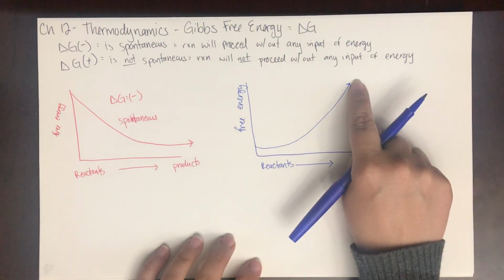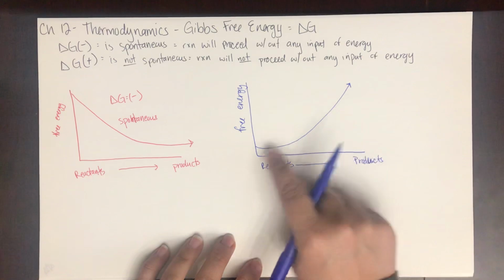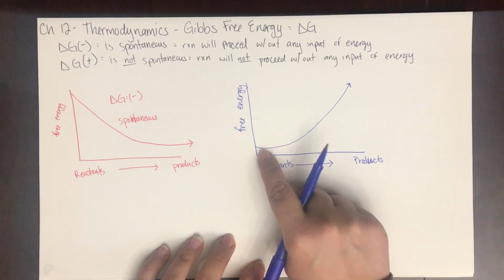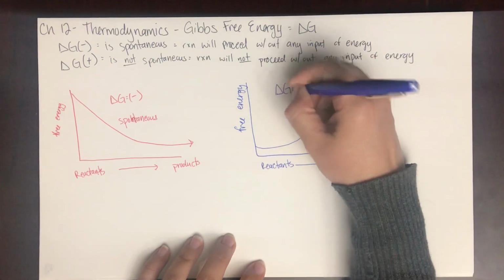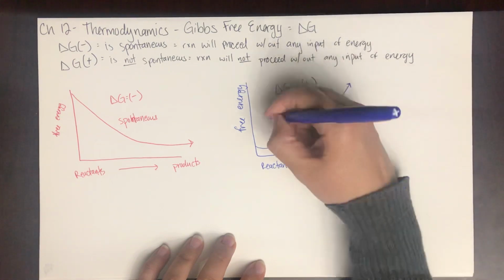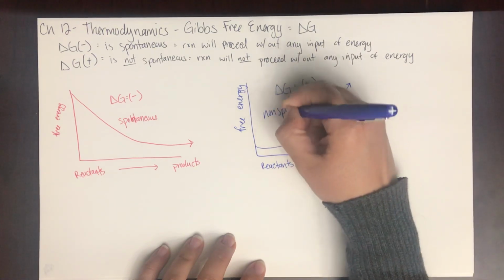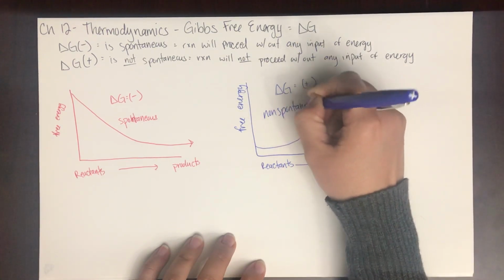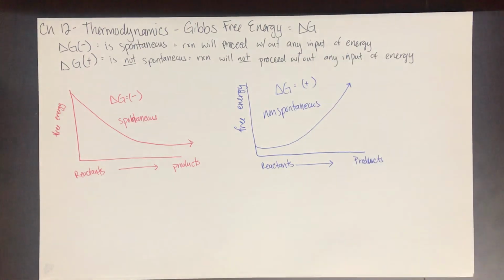Whatever this number is up here, a bigger number, minus this, a smaller number, delta G is going to be positive. This is going to be a non-spontaneous reaction. So this is going to tell us if a reaction is spontaneous or not. Is it going to happen on its own or not?